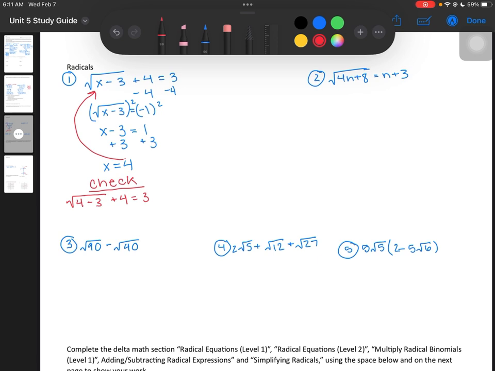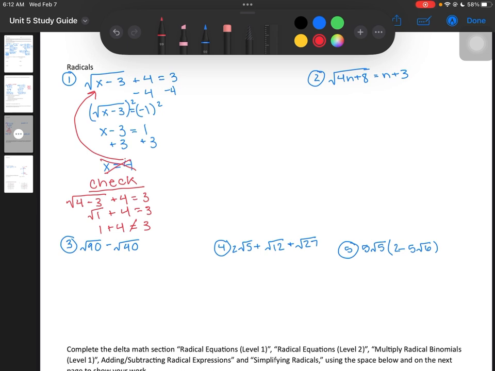So 4 minus 3, we want the square root of 1, plus 4 equals 3. The square root of 1 is 1, which I can tell here that the square root of 1 plus 4 is not 3. So when we go to plug back in, x does not work.